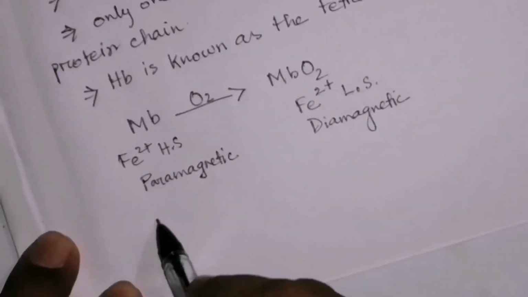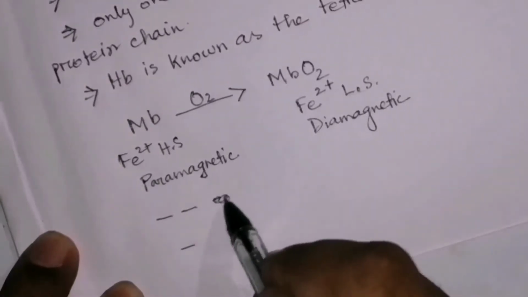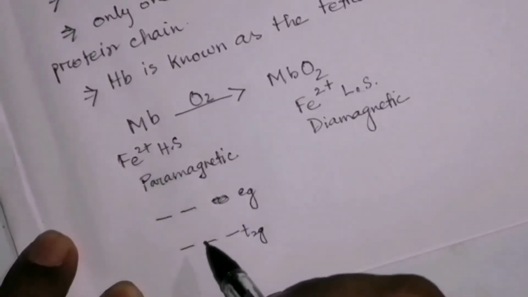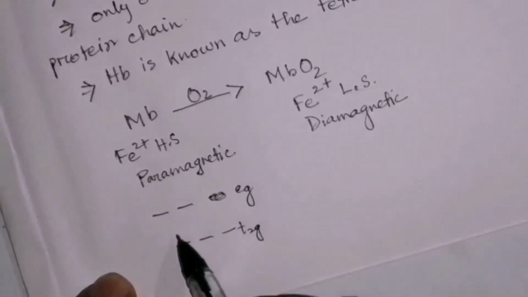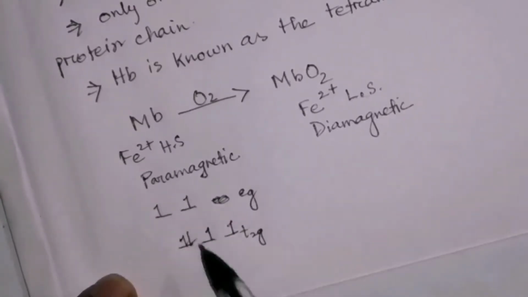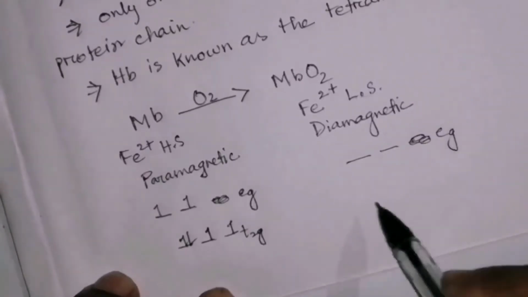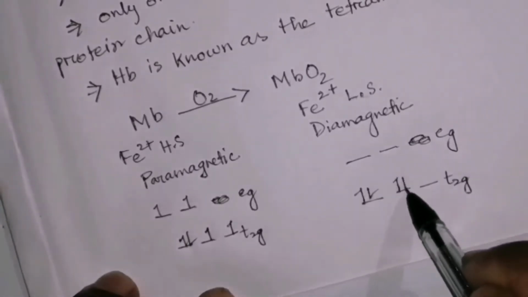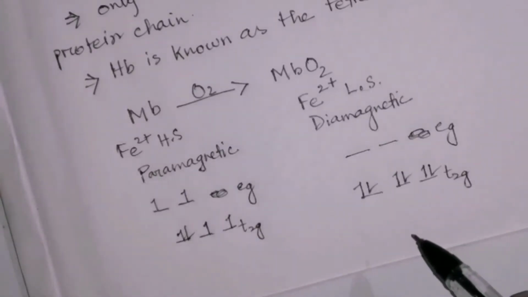If we see the d orbital splitting, t2g and eg, for Fe2+, there are 6 d electrons which will be arranged as such, and for the low spin case, there will be pairing of the electrons which will result in a diamagnetic species.